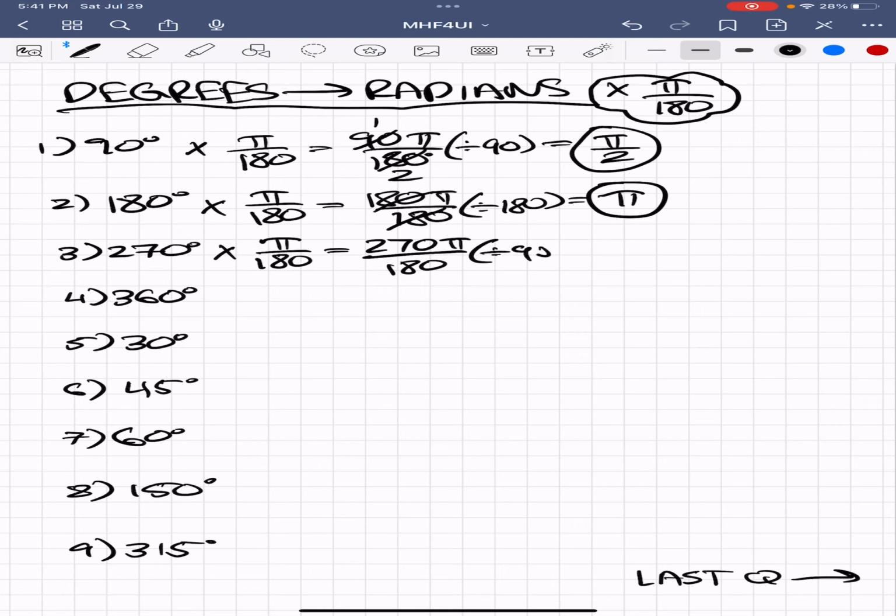Again, we're going to factor a 90, so 3 and 2. And that's how we get 3 pi over 2.